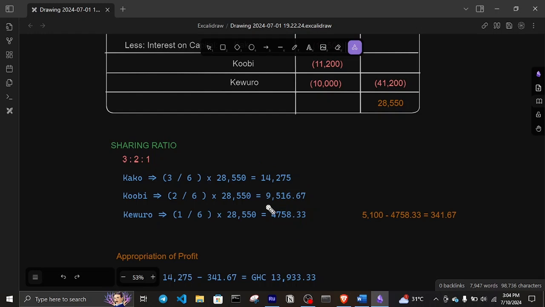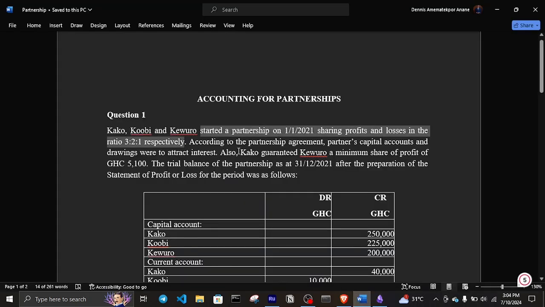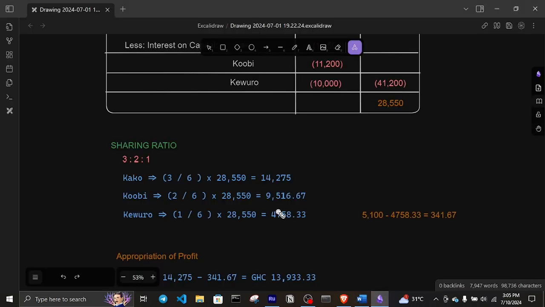Now, there was a promise that was made in the question. Kaku promised that Kero will be getting a minimum of 5,100 Ghana cedis. If you go back to the question, you will see that. But if we check from what Kero has, the amount Kero has now is less than 5,100 Ghana cedis.